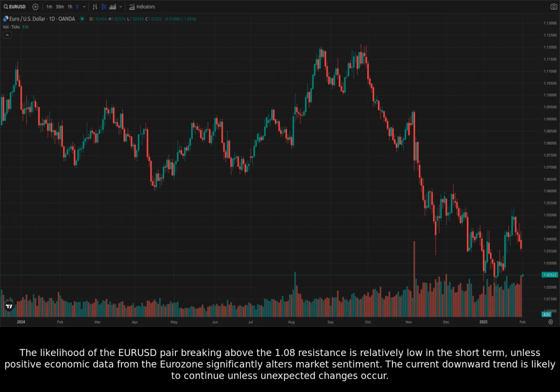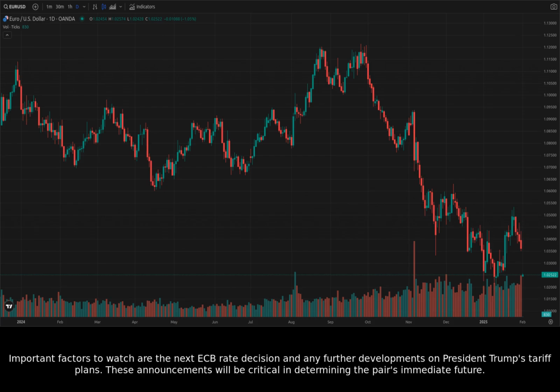The current downward trend is likely to continue unless unexpected changes occur. Important factors to watch are the next ECB rate decision and any further developments on President Trump's tariff plans. These announcements will be critical in determining the pair's immediate future.